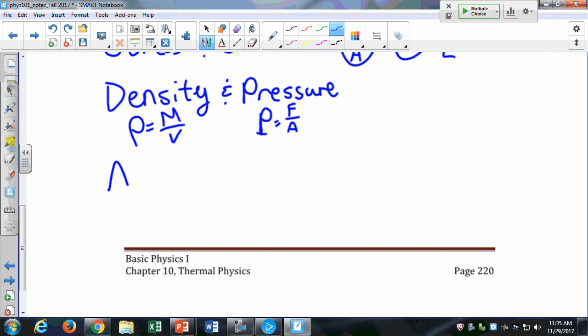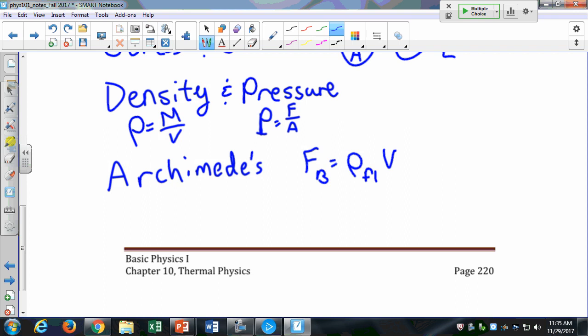And then Archimedes' Principle. You need to be able to calculate the buoyant force. That's the buoyant force is equal to the density of the fluid, times the volume of the object, times g. Be able to calculate that. Be able to determine the submerged volume of an object.